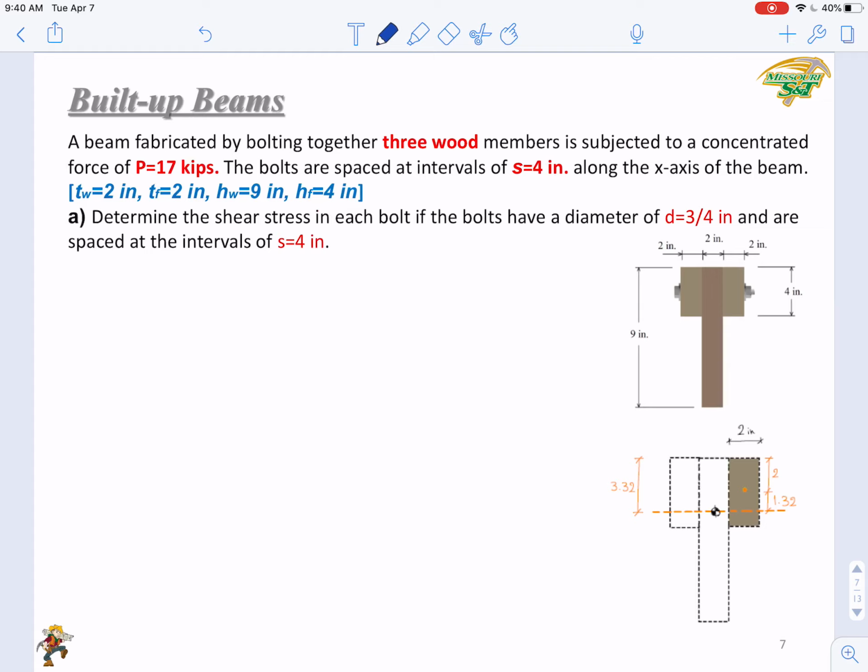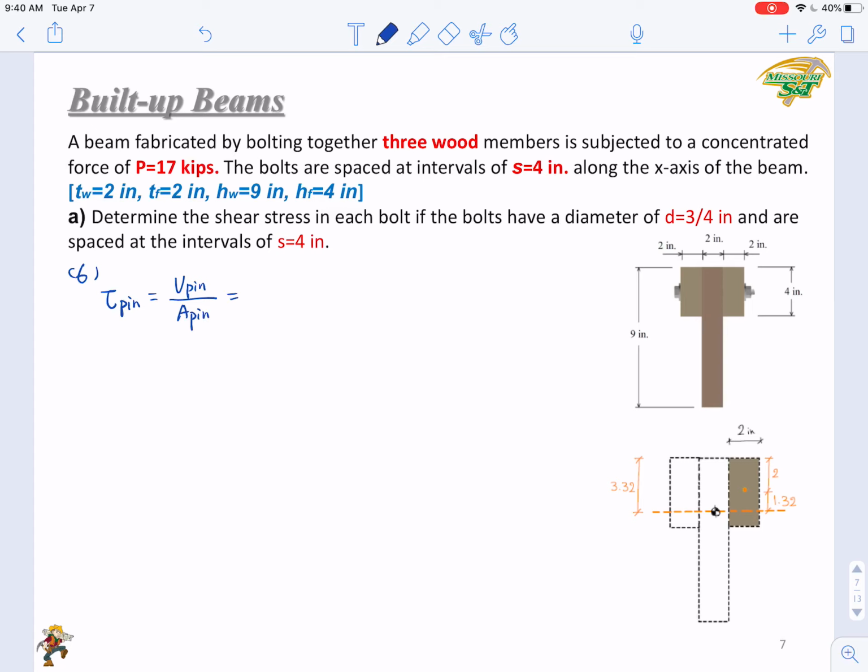So now we can calculate the shear stress carried by each pin. It's just V pin over the cross-section area of the pin.